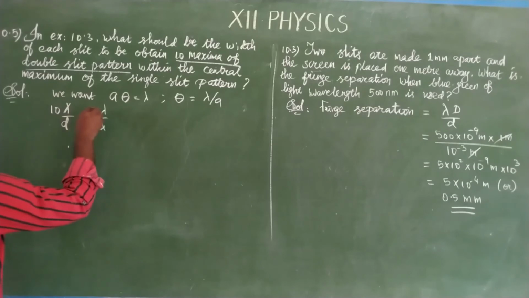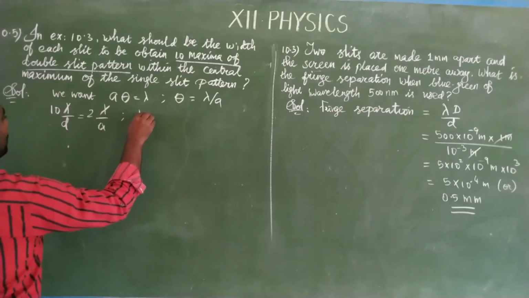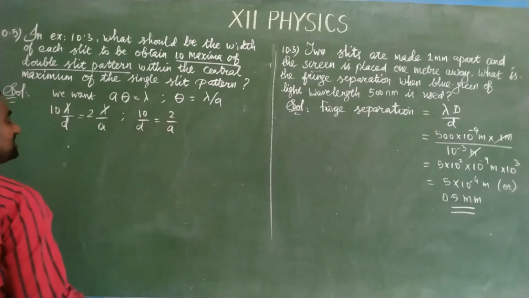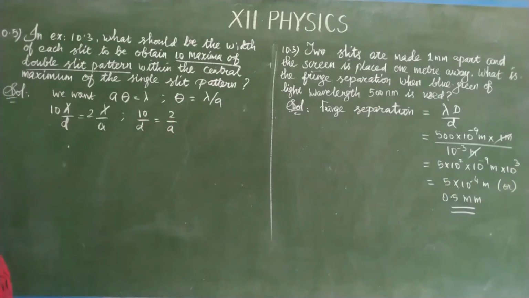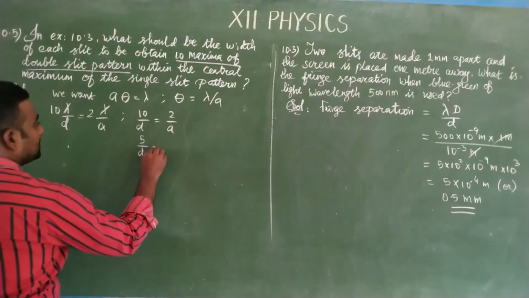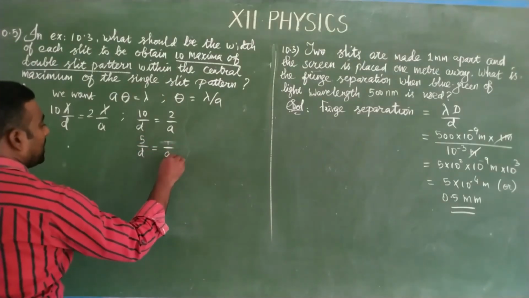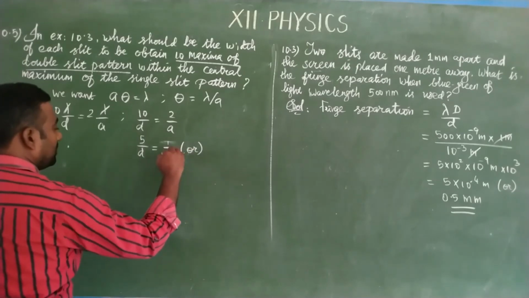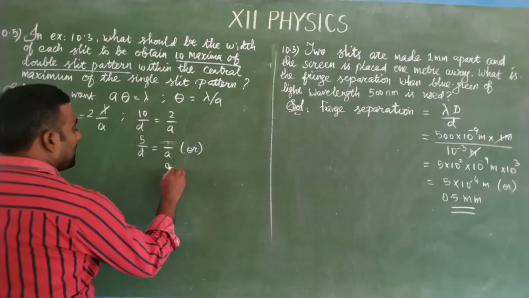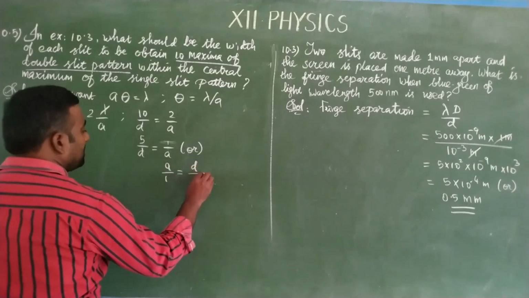Lambda is common on both sides, so we can eliminate it. Then we have 10 by d equal to 2 by a, and further we can simplify: 5 by d is equal to 1 by a. Taking the reciprocal on both sides, we have a by 1 equal to d by 5.